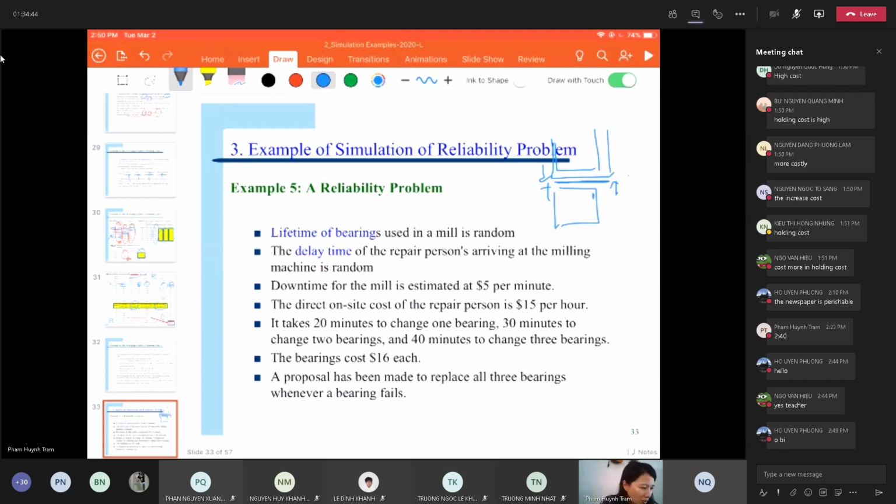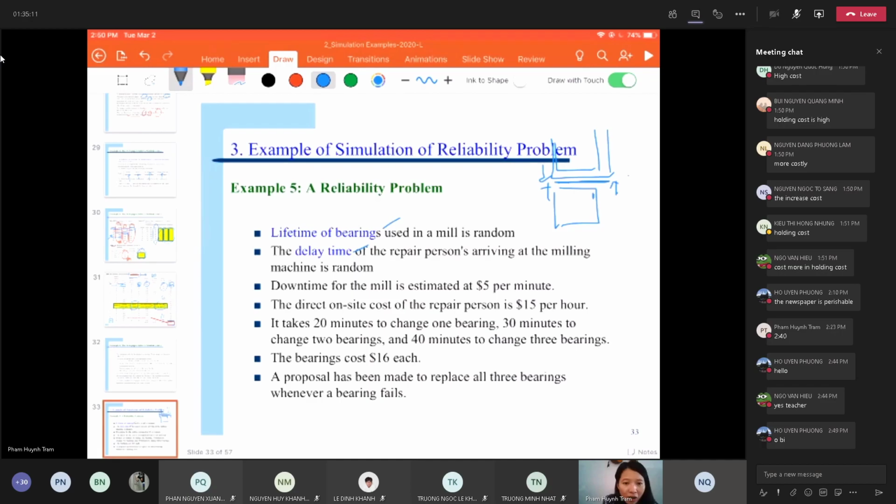Okay, so we look at the information of this problem. The lifetime of the bearing is random, and the delay time of the repair person is also random. So when the bearing fails, we have to call the repair person, and there's a delay time, which is random.